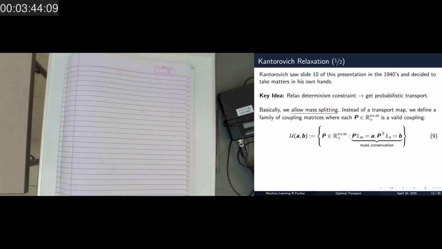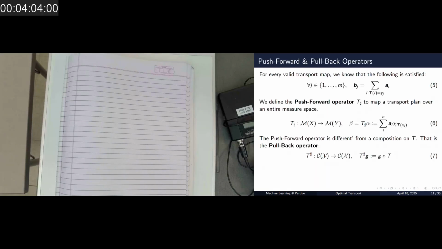So we define a feasible set of solutions using this coupling matrix, where we have P, which basically is sampling inputs that are non-negative and satisfy the mass conservation constraint, which is analogous to what we had with equation number 5, where the mass at the target for some valid transport plan T equals the sum of all of the inputs that are going to that target.